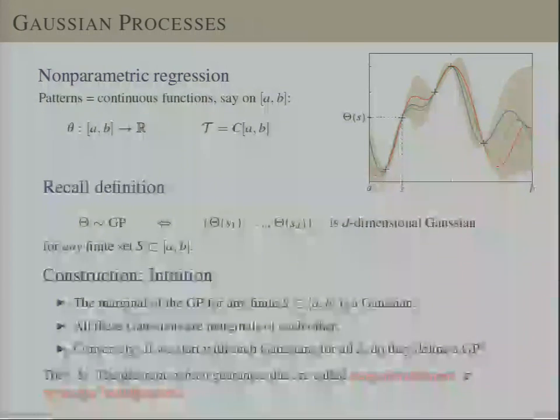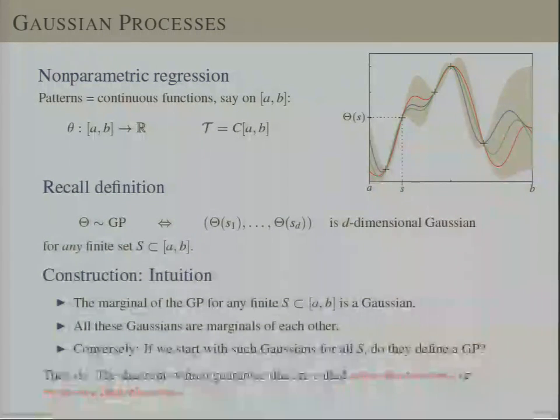Using this gives you a distribution on functions, but you would like to have more than that. You would like to have a continuity property, and that is a bit harder. But I cannot tell you how to do that without starting to talk about things like topology, and I think you will be all glad if I don't do that. So I will avoid it, okay?